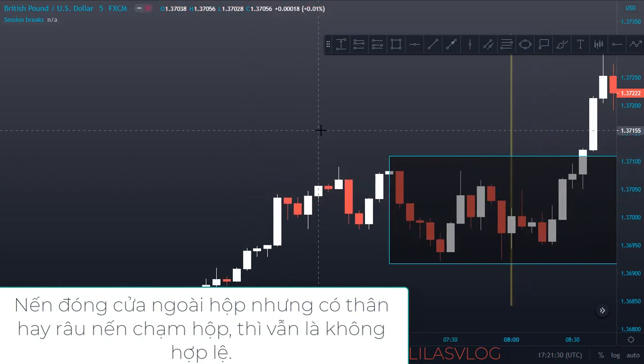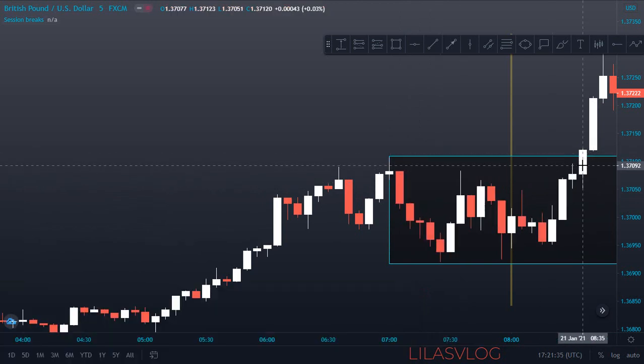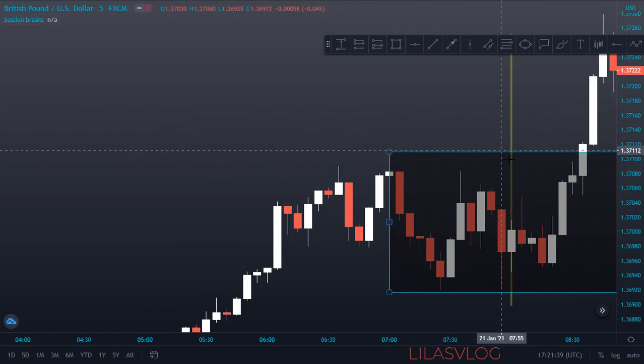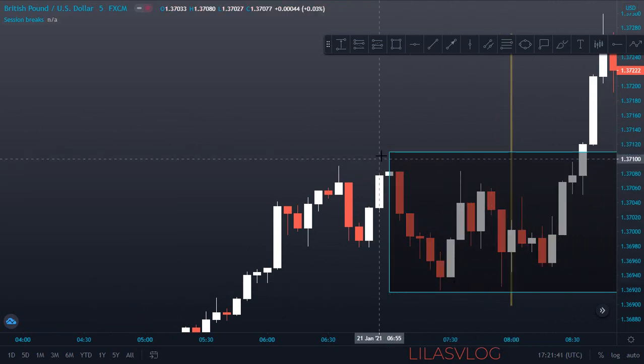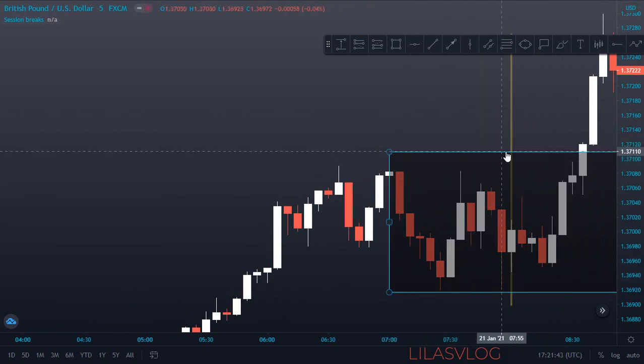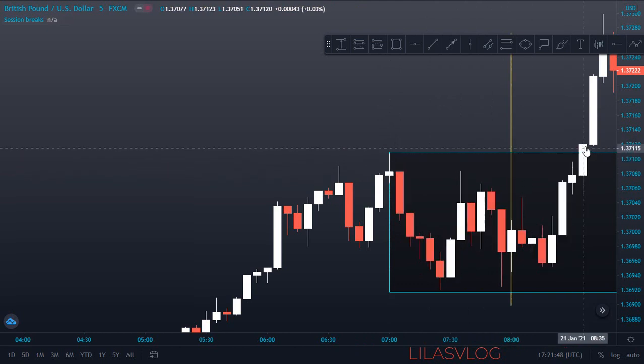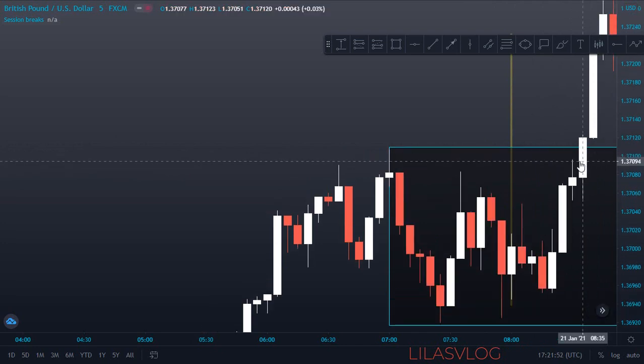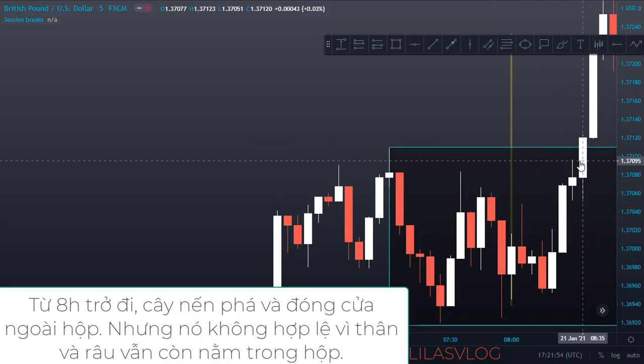So let's look at the 21st of January. You see that this box we drew from 7 a.m., and from 8 a.m. the price started to break the box. But do you think this candle is our confirmation?